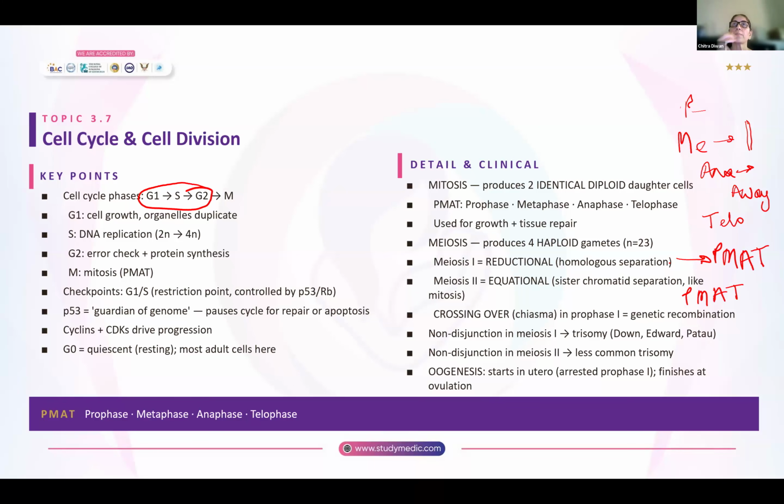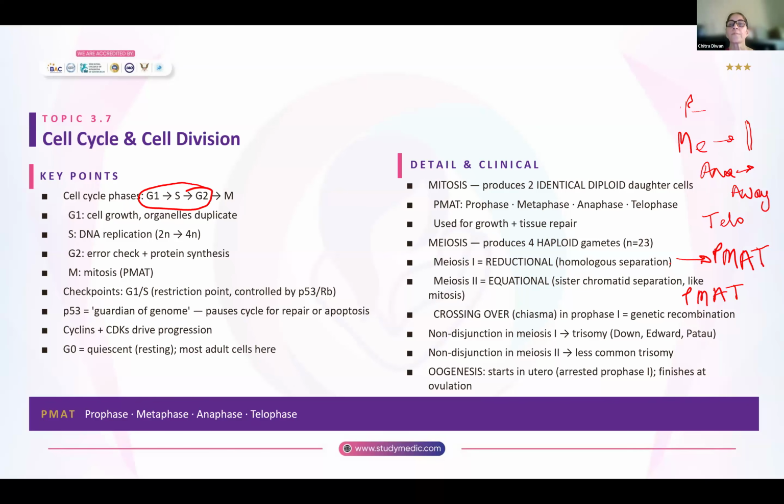What happens here in meiosis? In mitosis, remember, the two sister chromatids are pulled apart to different parts of the cell. But in meiosis, homologous pairs of chromosomes align at the center of the cell and a complete chromosome is pulled to one side of the cell.